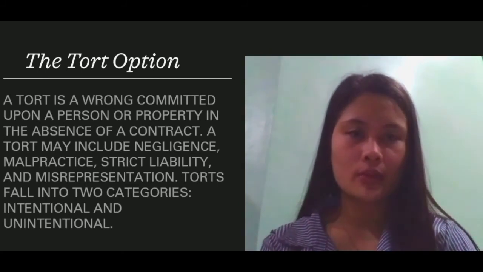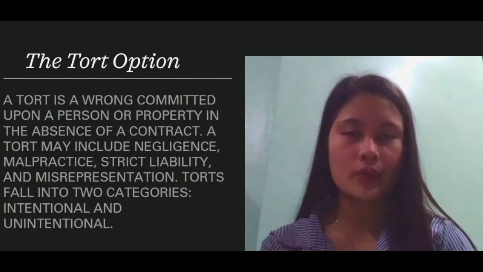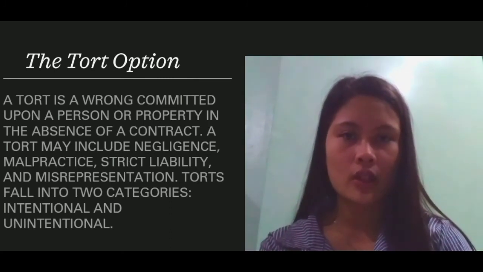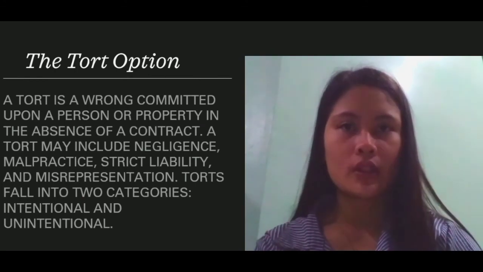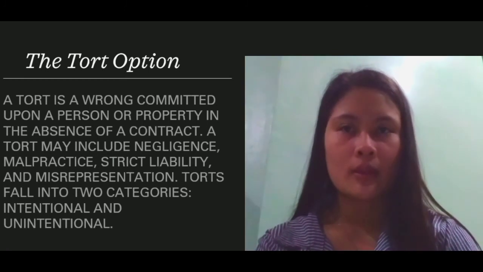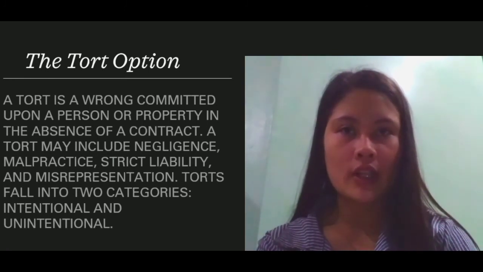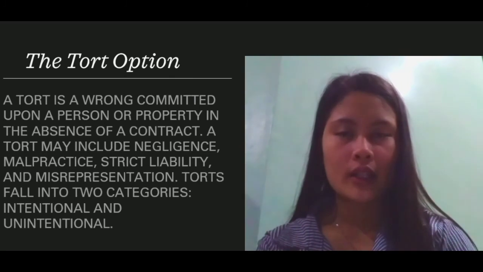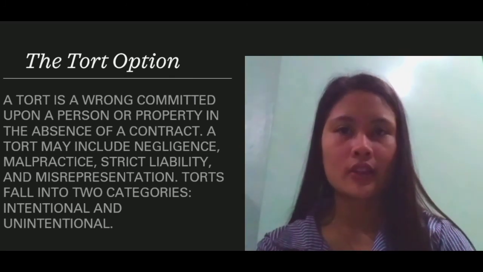A tort is a wrong committed upon a person or property in the absence of a contract. A tort may include negligence, malpractice, strict liabilities, and misrepresentation. Torts fall into two categories: intentional and unintentional.